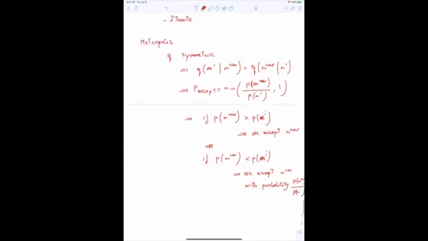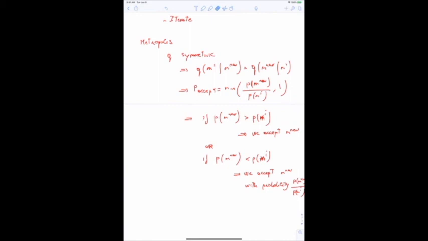So look at this expression here. If P of M nu is greater than P of Mi, this ratio is greater than 1. So for sure we're going to accept it because the probability is going to be 1. So you always accept M nu.